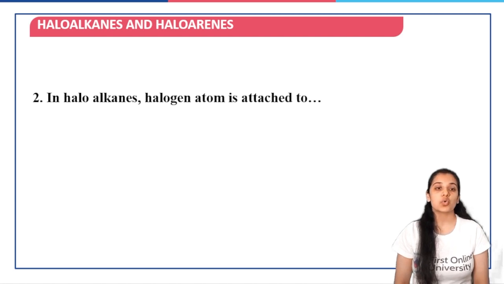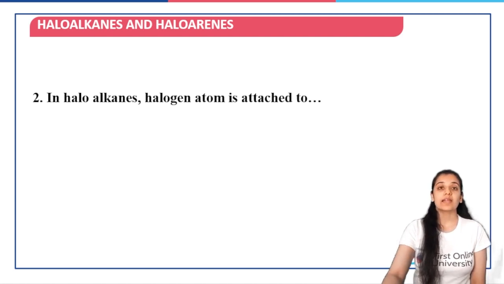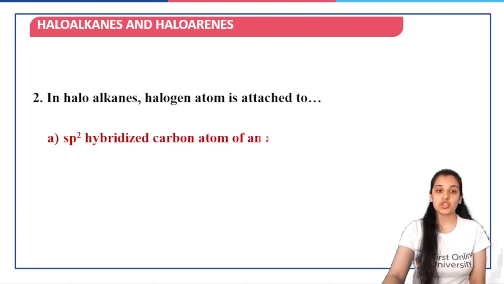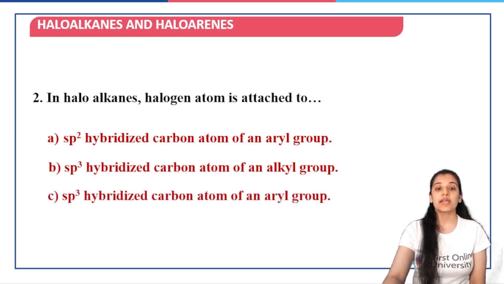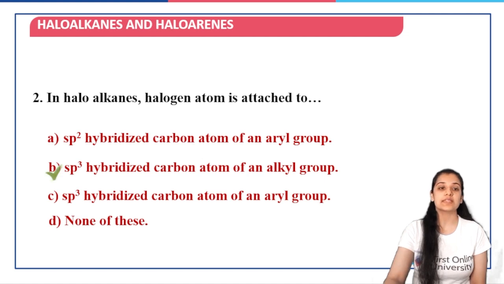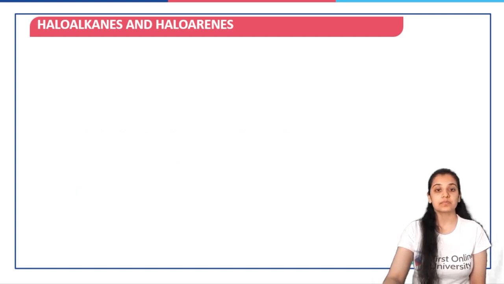So the options are: sp2 hybridized carbon atom of an aryl group, sp3 hybridized carbon atom of an alkyl group, sp3 hybridized carbon atom of an aryl group, which is not possible, or none of these. As it says alkanes, it is going to be the alkyl group, so option B is the right answer here.